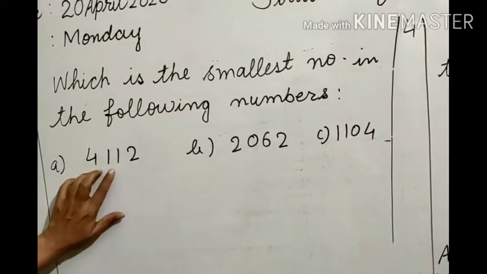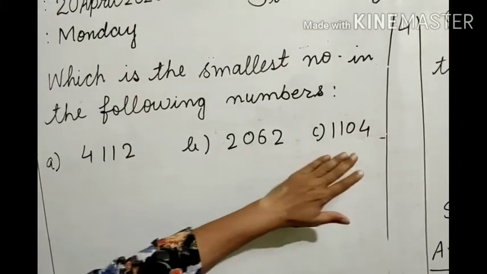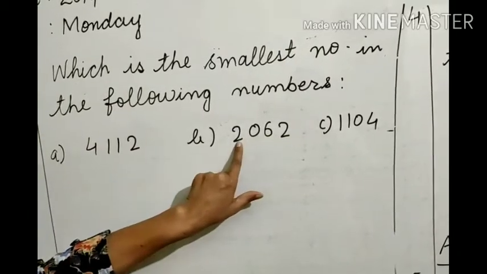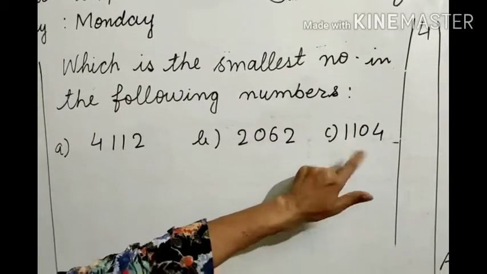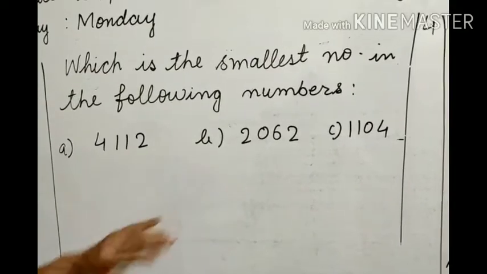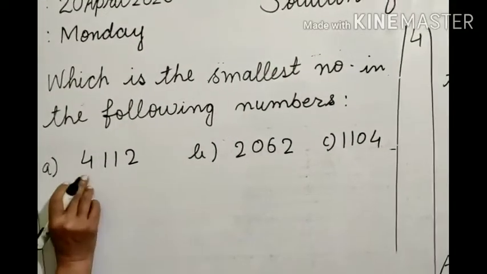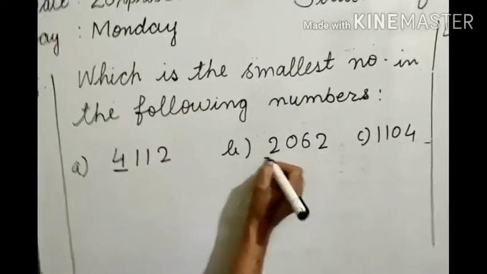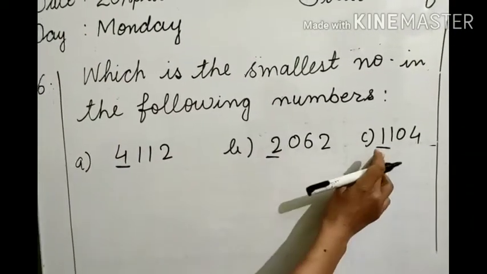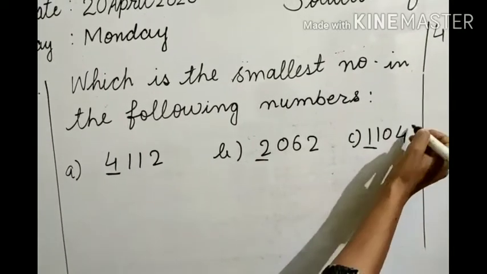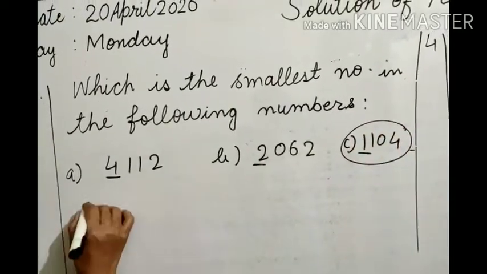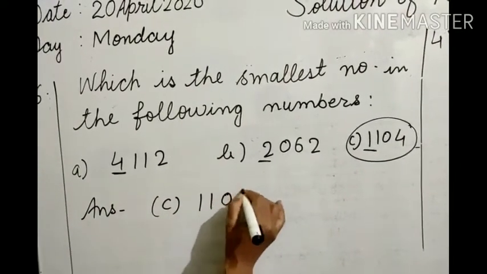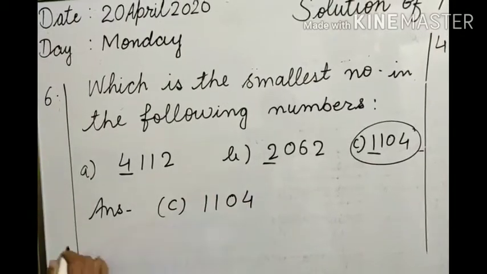First we will see how many digits all 3 numbers have: 1 2 3 4, 1 2 3 4, 1 2 3 4. All have 4 digits. So now we will compare the first digit, which is in the thousands place. Here 4, here 2, here 1. Now 1 is the smallest, so this number is the smallest. Our answer is option C, 1104 is the smallest number.